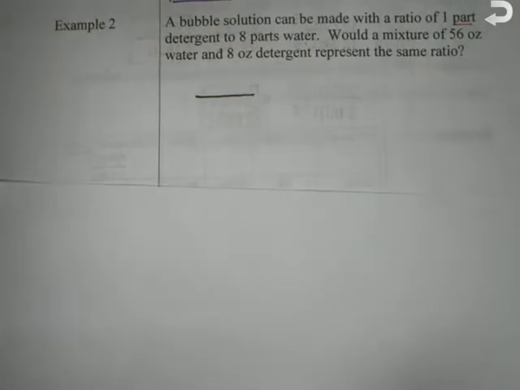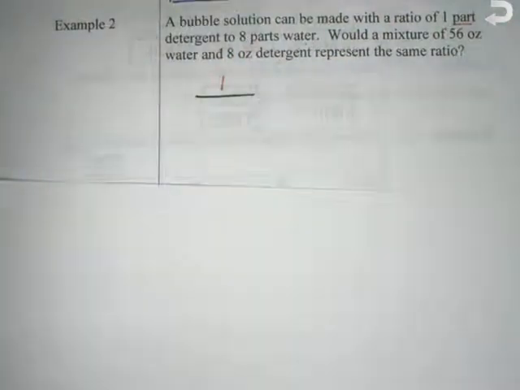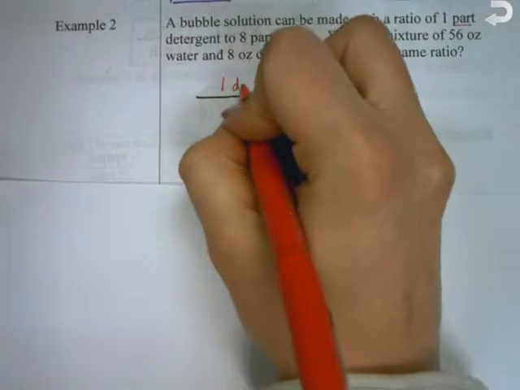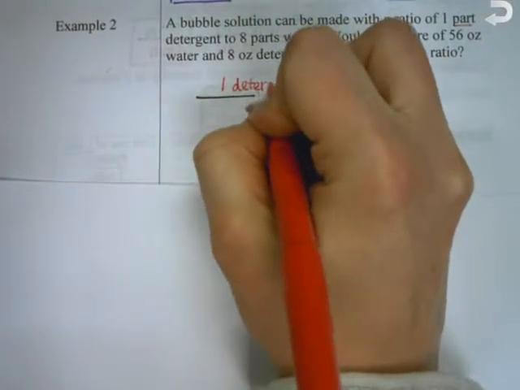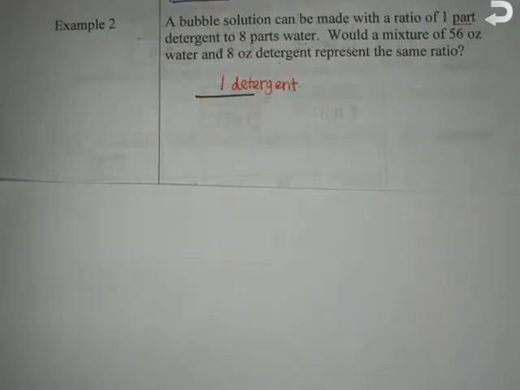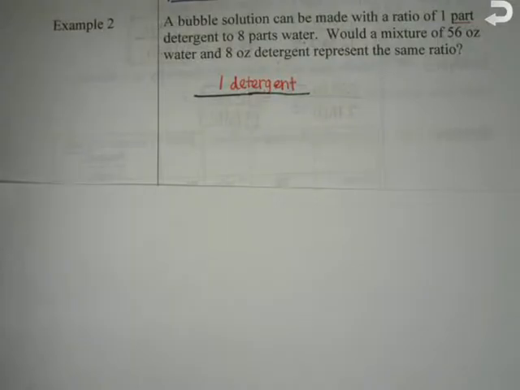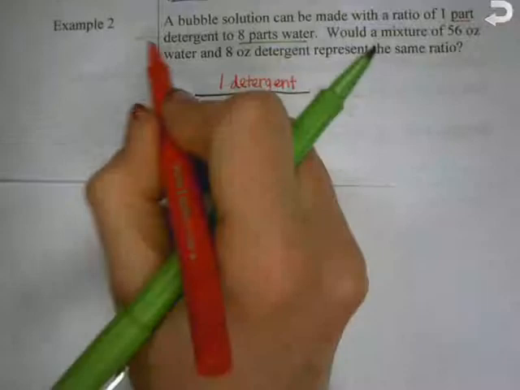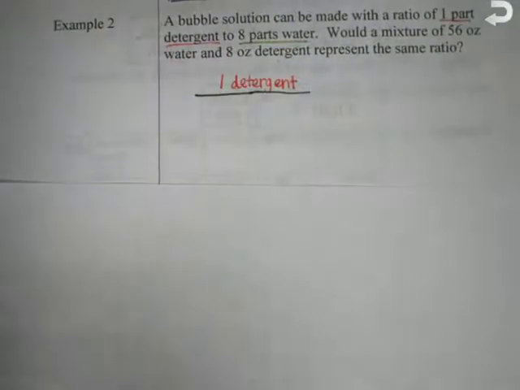I'm just going to write 1 on top. Or actually, how about we write 1 detergent so we know what we're talking about. So we're dealing with 1 detergent over how much water? We have 8 parts of water for every 1 part of detergent. So we're going to put 8 water on the bottom. So I'm going to write H2O.